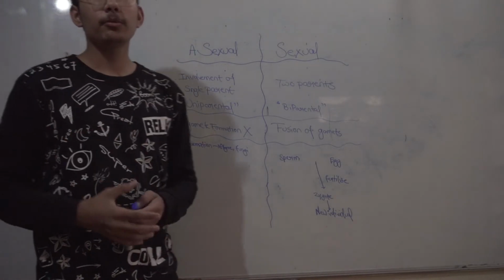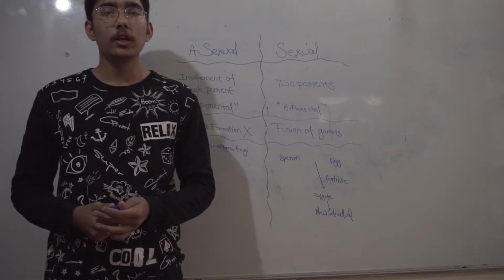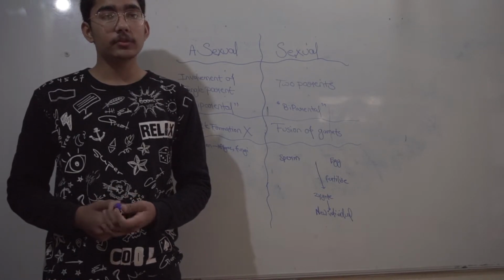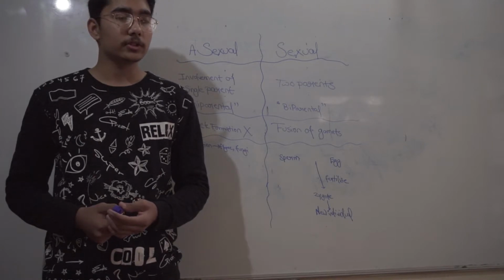There are many modes of reproduction present in asexual reproduction performed by acellular or unicellular organisms.